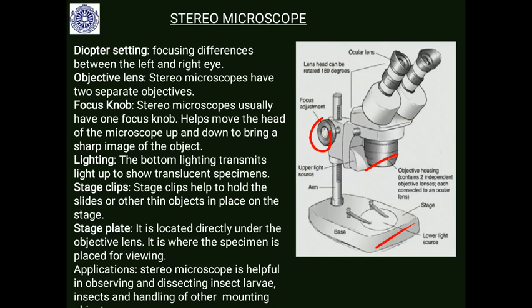There will usually be an electrical bulb fitted in this box, and you are placing the object here. There will be a clip to hold the slide. This is very helpful in dissecting the Drosophila larva, to take out salivary glands and salivary gland chromosomes.